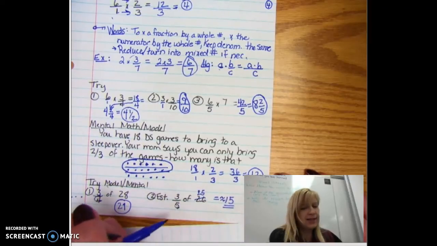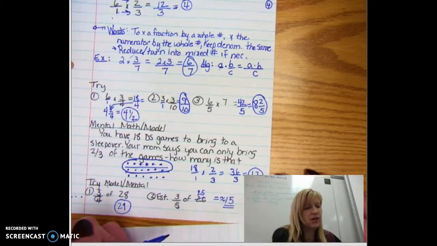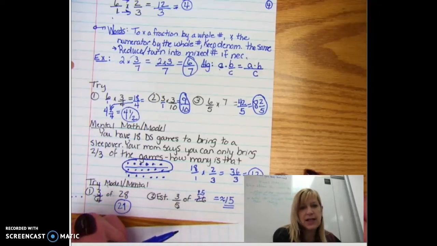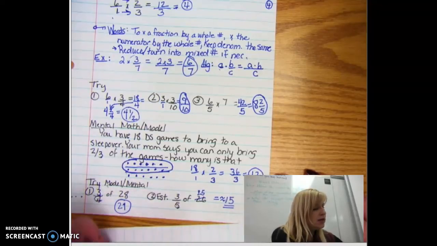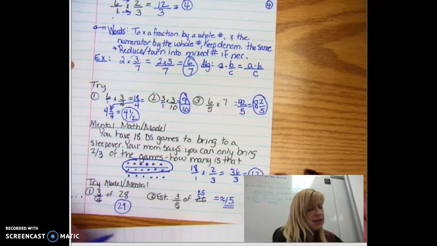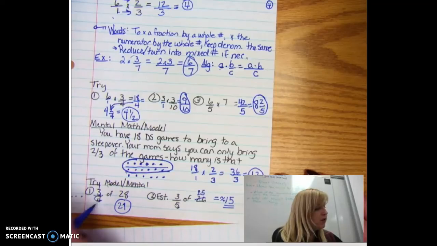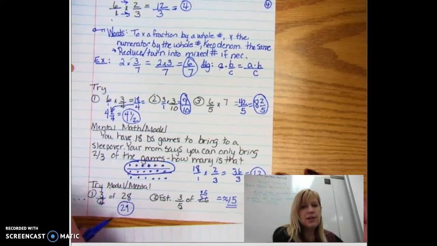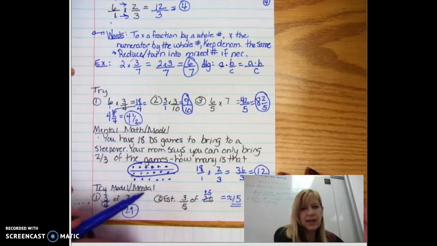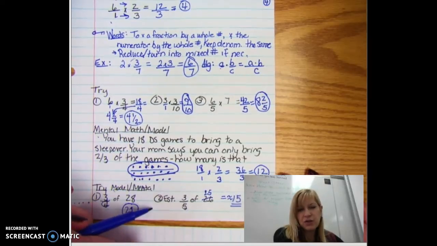So when you are estimating and you don't want that exact answer because you're going to get a really wonky denominator, go ahead and use the compatible number if it says to estimate. So if this would have been 29, I would have changed it to a 28 to get pretty close if we were dividing it up by 4ths. Okay, so the mental math model is really handy for you to be able to picture what is actually happening.